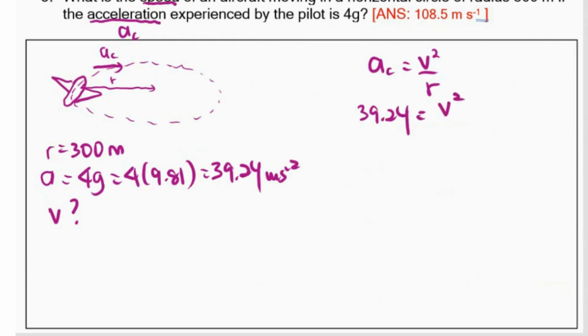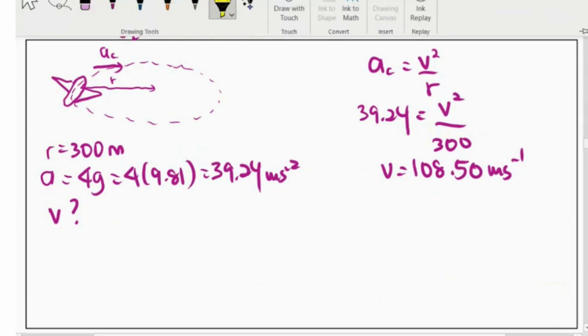Then you are looking for V squared, substitute R as 300, and then we got V. The answer is 108.9 meter per second. So this is the speed of the aircraft.